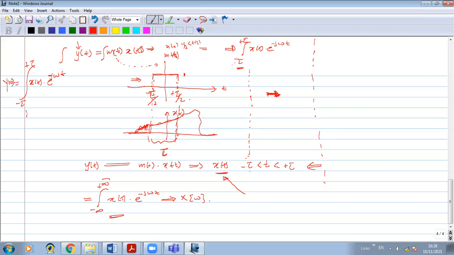You are given X(omega), the Fourier transform of x(t), that is minus infinity to plus infinity x(t) e to the power minus j omega t. I couldn't see anything to relate this to. Anyway, I will check this, and if I could find the answer, I will upload this.